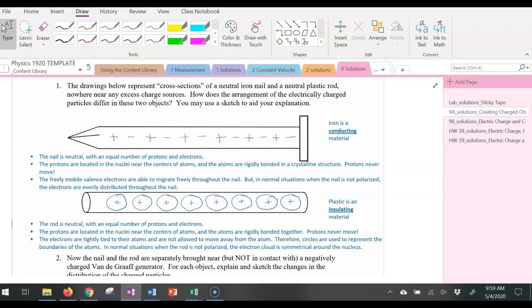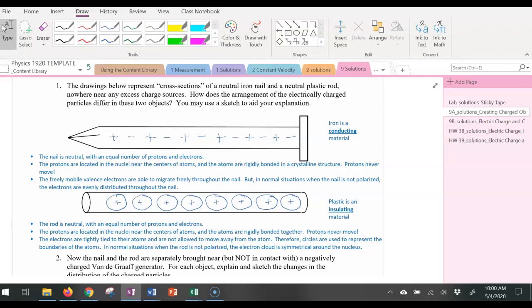The protons never move. But the difference between how we show the distribution of charges in the plastic insulating material and the iron conducting material is that for the insulator, for this plastic, we represent each atom by a circle.